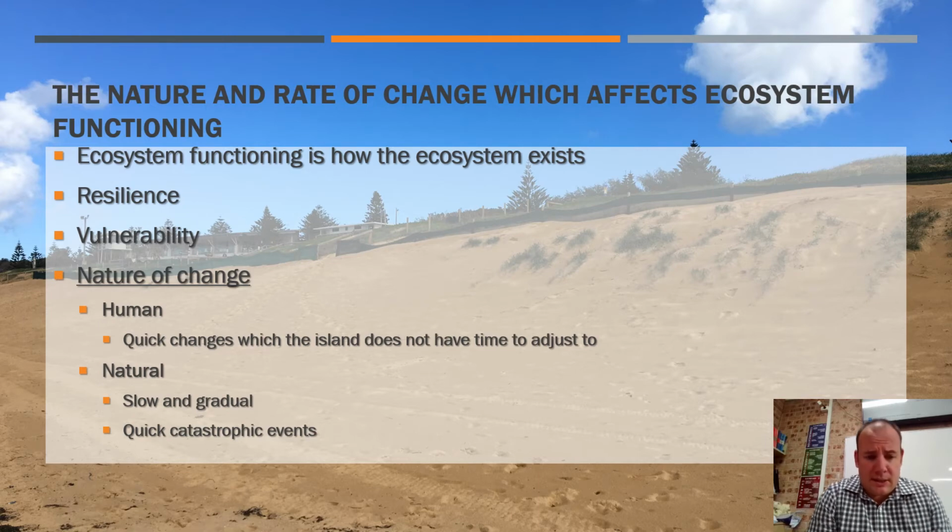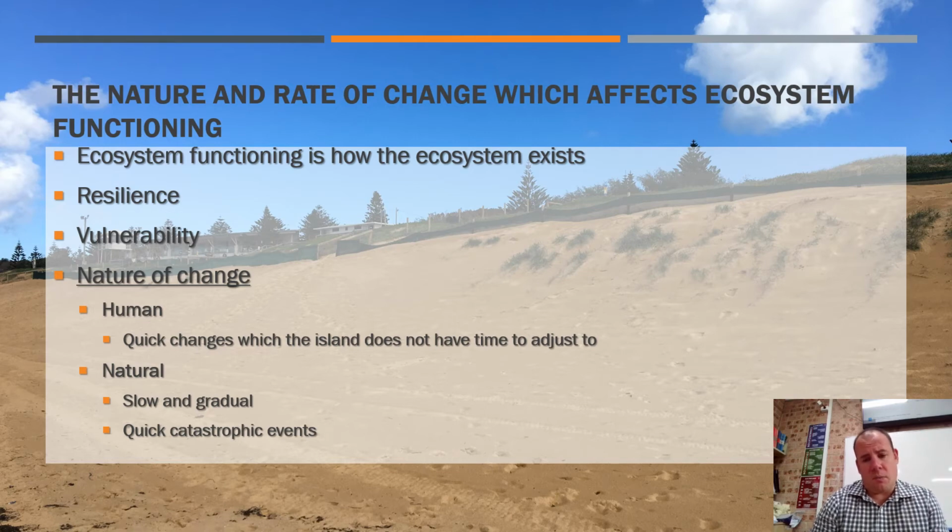So when we look at the nature of change, human changes are quite quick, which makes the vulnerability pretty high, and then it will reduce its resilience because humans change environments very quickly, whereas natural change is slow and gradual, and the ecosystem has built up a resilience and reduced its vulnerability to those changes.